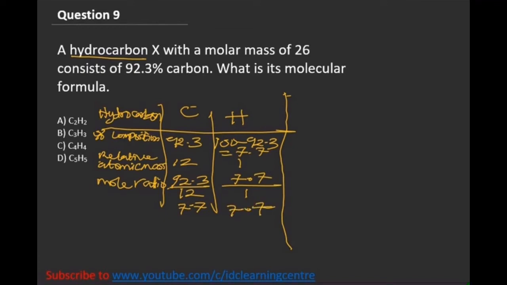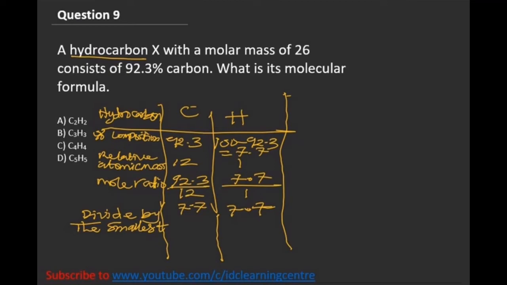Then this one still remains 7.7. So we are going to divide by the smallest.